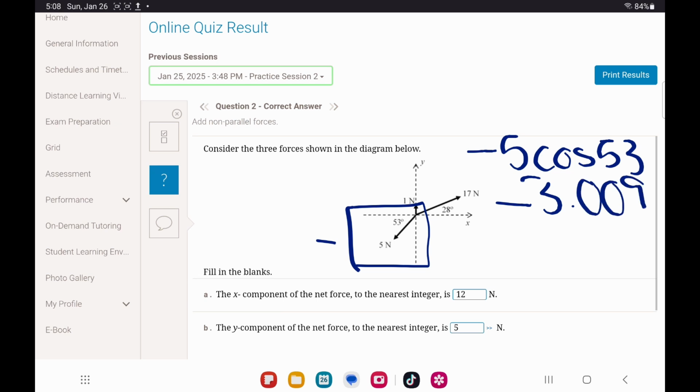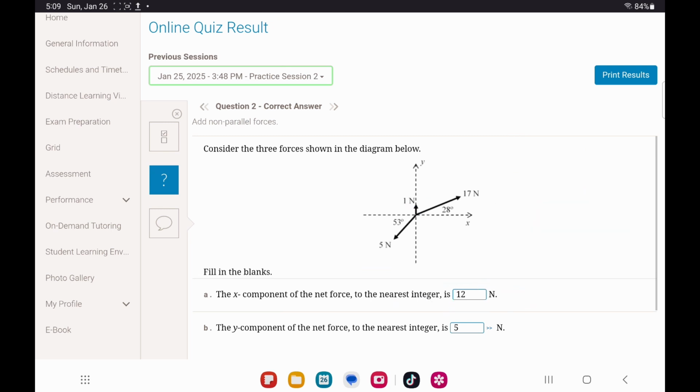Like I said, don't round, okay? So take the answer from the other question, do answer minus, because it's negative, 3.009. You get 12.001, and so on. Since they want it to the nearest integer, that means it's 12, and that's your answer.